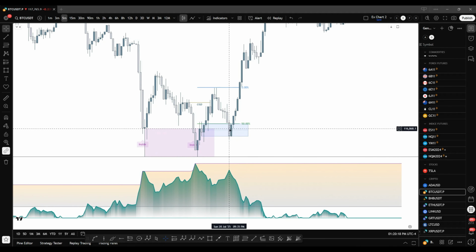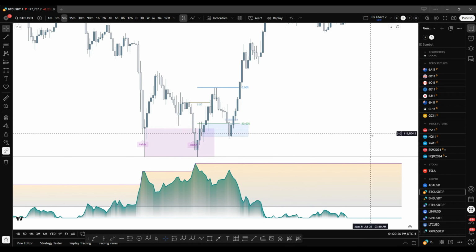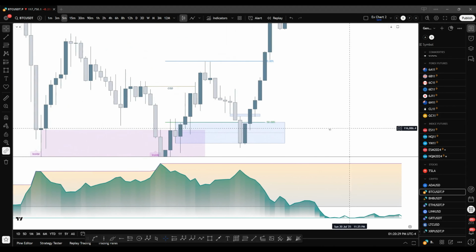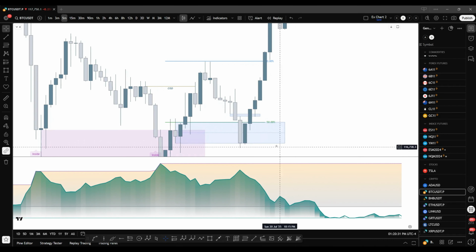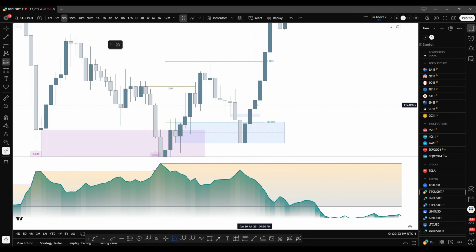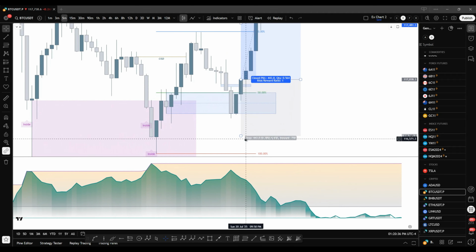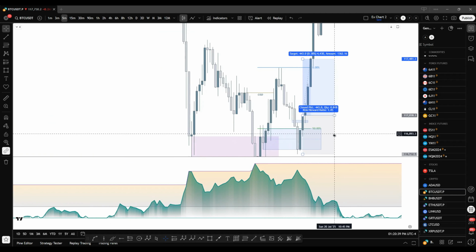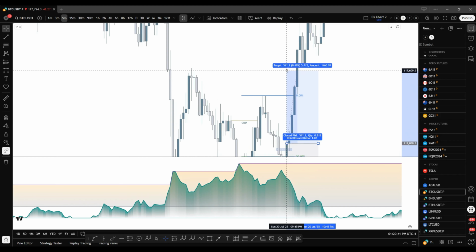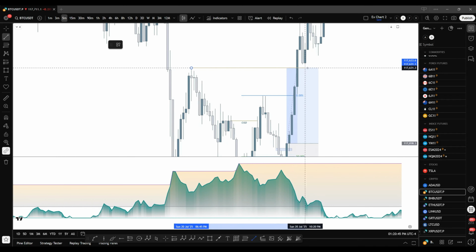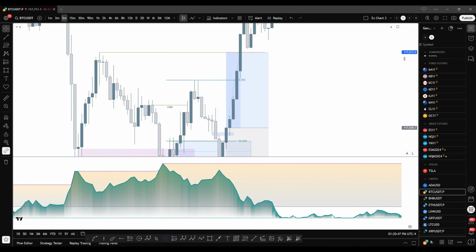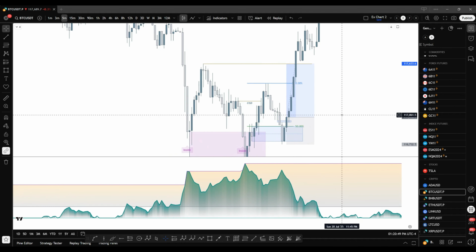Once you see price rejecting from it, you can either enter at an inversion or just enter at a candlestick pattern. You can see there's a small little inversion here, so I enter here, put my stop loss right under this, and then you can just target the next set of liquidity, something like this. Nice, simple, doesn't have to be anything crazy.